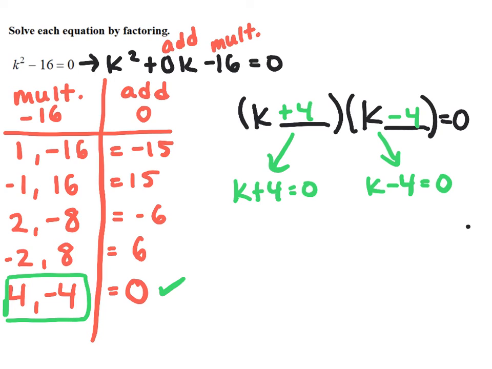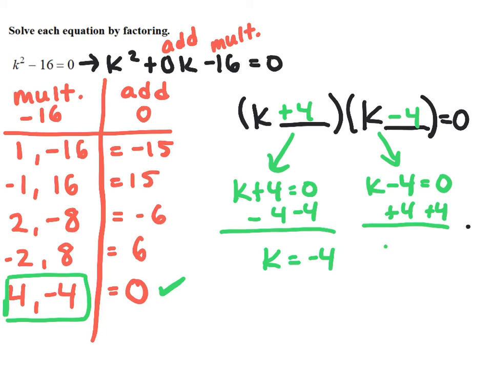If I want to solve for k, I'd subtract 4 from both sides to get k equals negative 4 and add 4 to both sides to get k equals 4. So this means that our solution is k equals negative 4 or 4.